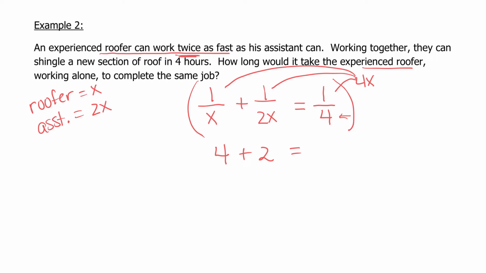And here, the 4's cancel, so that would just be 1x. So adding those up, it looks like x, which again represents the roofer, can get it done in 6 hours. And since that's what it's asking for, this is your answer.